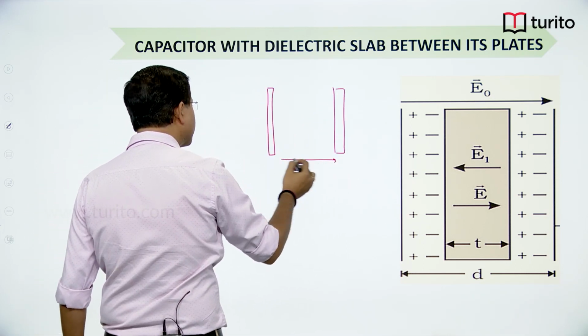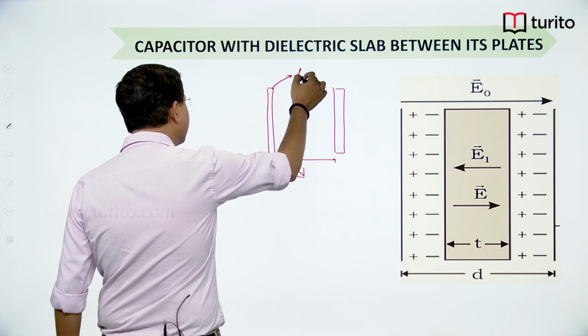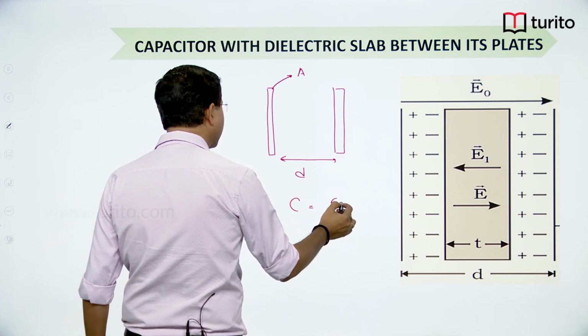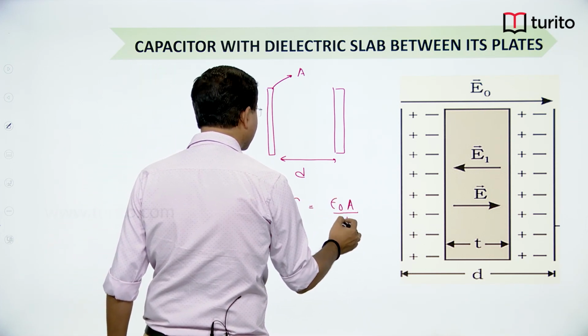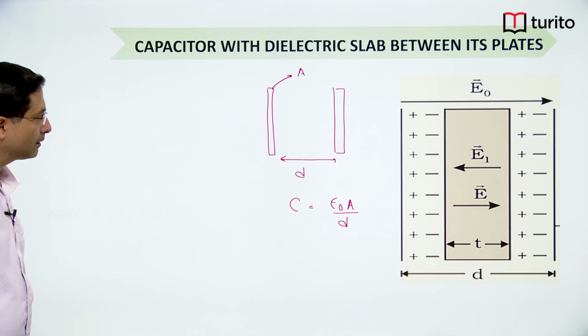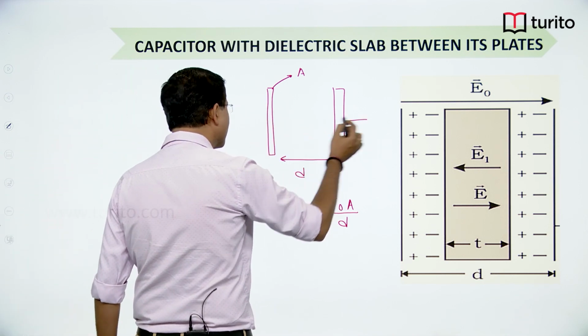If this gap is D and the area of the plate is A, we know the parallel plate capacitance formula, epsilon naught A by D, right. So, earlier there was nothing in between the plates.